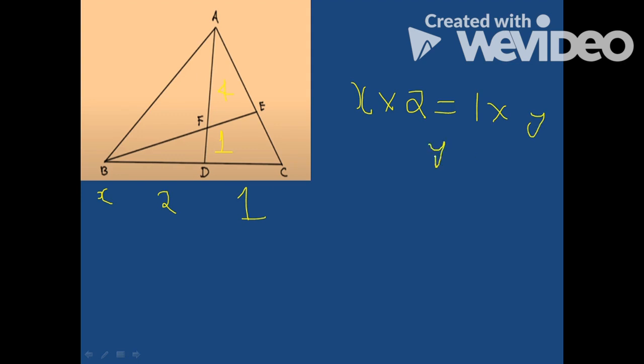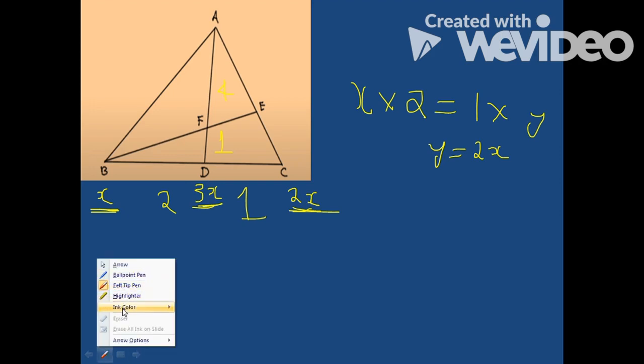So y will be equal to 2x. So the value at C is 2x, and we know the value at B. So the net value at D will be 2x plus x, that is 3x.